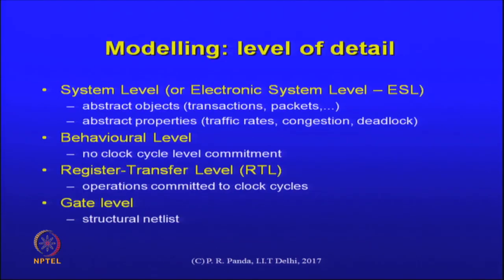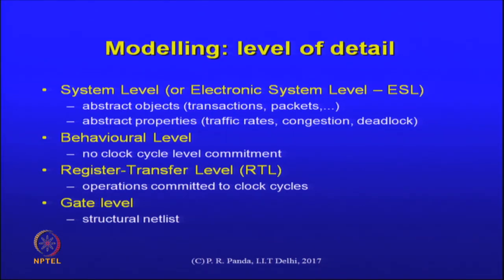Okay. Let us look at the modeling in some more detail. What kind of modeling can we do? It could be at a system level or an electronic system level of abstraction. There we are talking about relatively abstract objects like transactions or packets or requests, responses and so on.